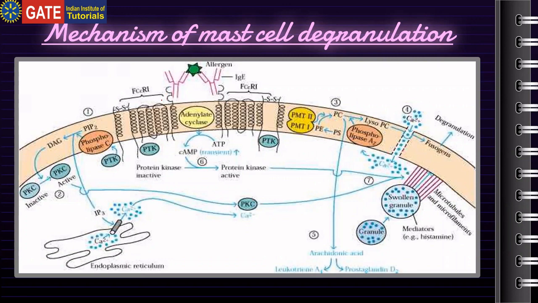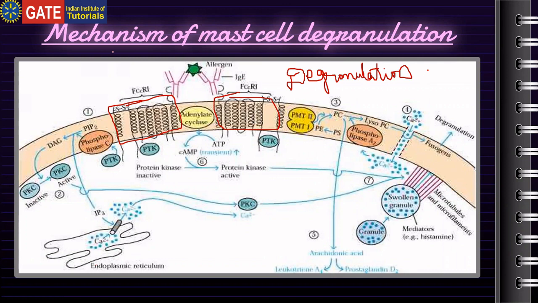See here, this is what? The Fc epsilon R1 receptor. Don't confuse, friends. What is the ultimate goal? Please keep this in your mind: the ultimate goal is the degranulation. So how is IgE doing this process? Just listen to me.